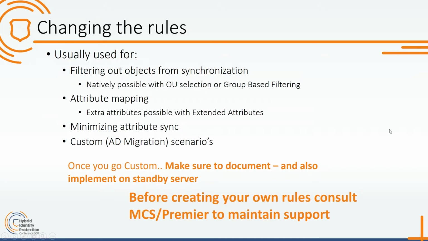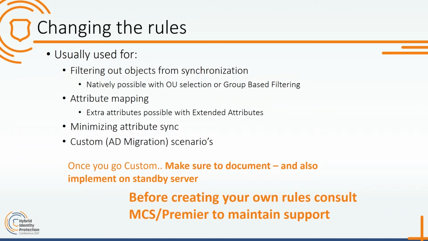So, as we enter the last 5 minutes, changing the rules, you usually use it for filtering out objects from synchronization. As said, if you have a VIP or guest accounts or whatever, and you don't want them to be replicated. But you can also do that with the OU selection, natively from the Azure AD Connect install wizard, so you don't have to do all of this.